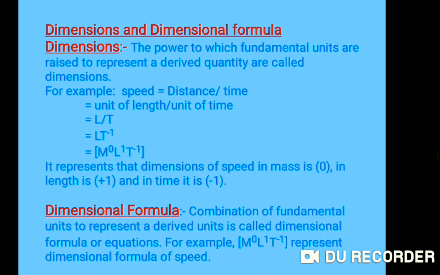So the dimensions of speed is M raised to power 0, L raised to power 1, t raised to power minus 1. It represents that the dimension of speed in mass is 0, in length is plus 1, and in time it is minus 1.